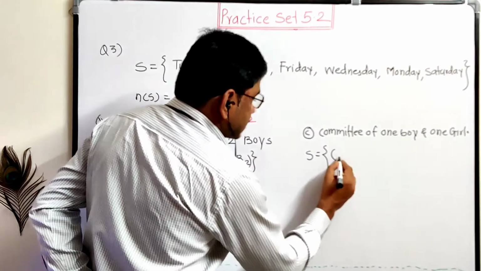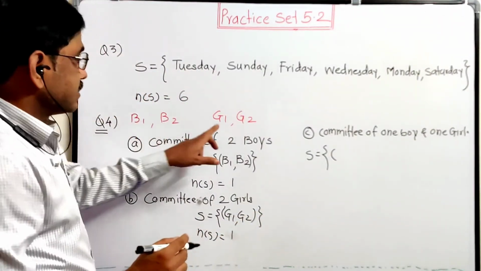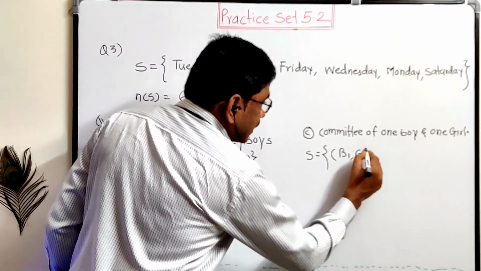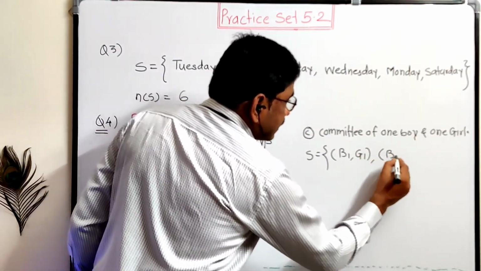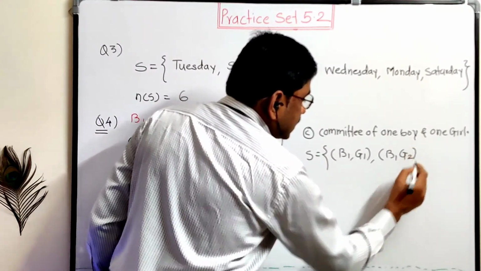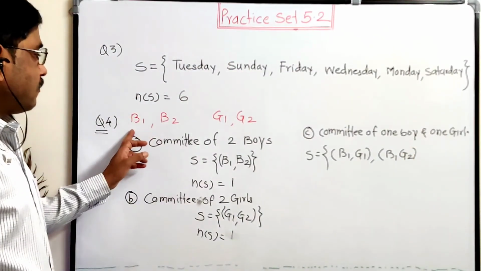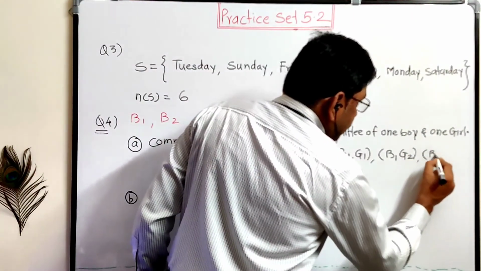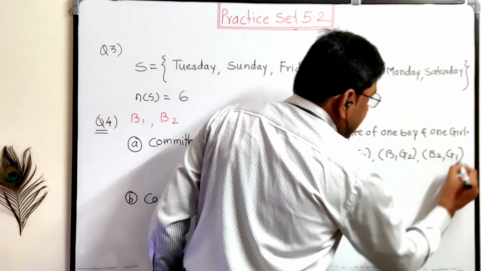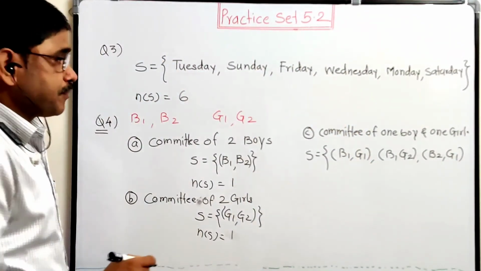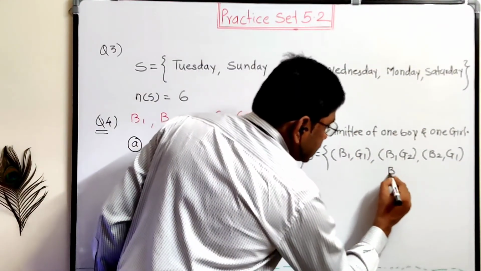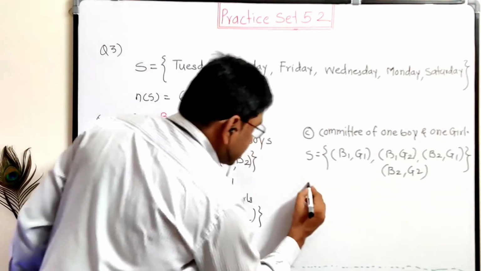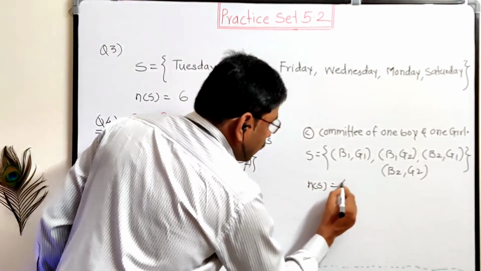So here the first, if we take B1 G1, first boy first girl, that committee. Then B1 G2, this is also a committee of 1 boy 1 girl. Then third one, B2 G1, second boy first girl, and B2 G2. So in this way we can form 4 committees. So NS is equal to 4 here.